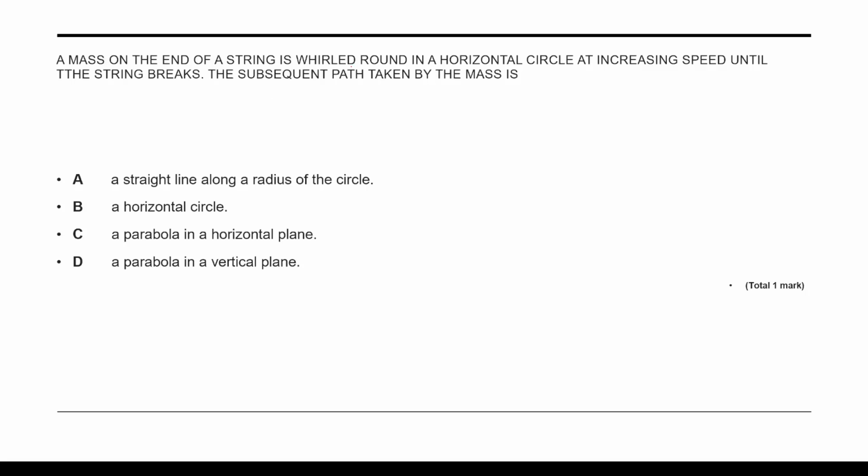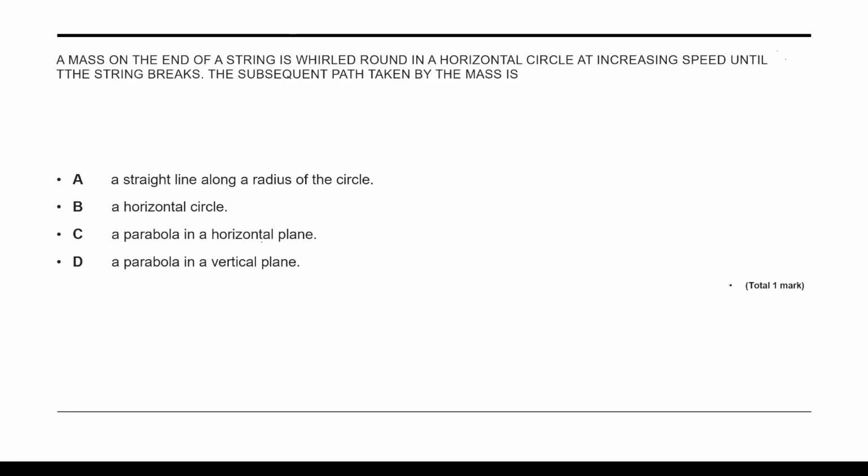A mass on the end of a string is whirled around in a horizontal circle at increasing speed until the string breaks. Now this is increasing speed, so obviously it's not uniform circular motion. So once the string breaks, what path does the mass take?